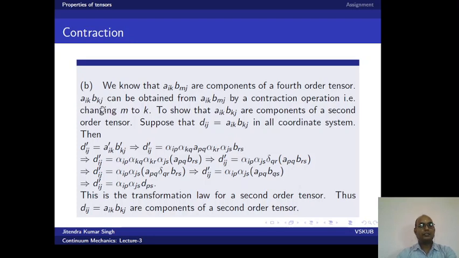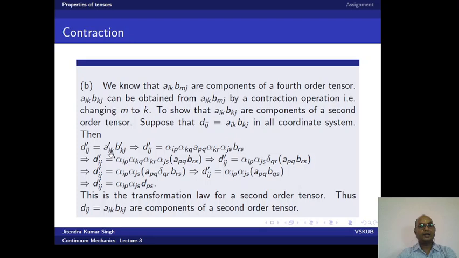So I am assuming that Dij is equal to Aik Bkj in all coordinate systems. So Dij dash is equal to Aik dash Bkj dash. This implies Dij dash is equal to, since both Aik dash and Bkj dash are components of a second order tensor, both will follow the transformation rule for a second order tensor.